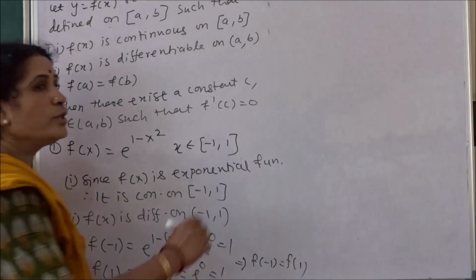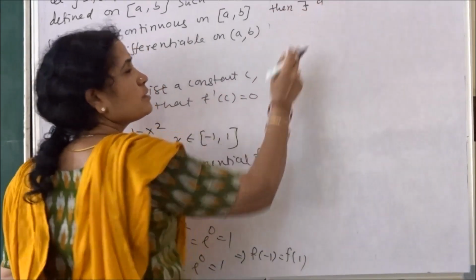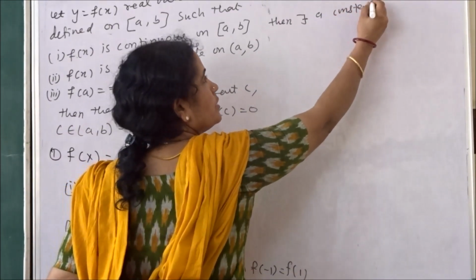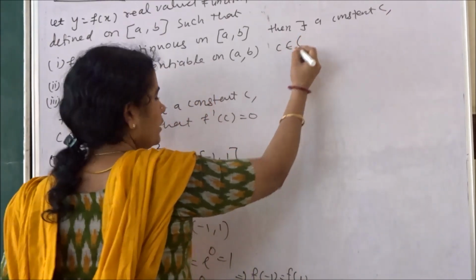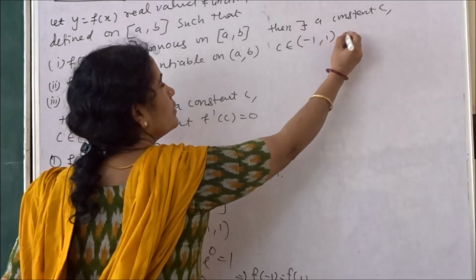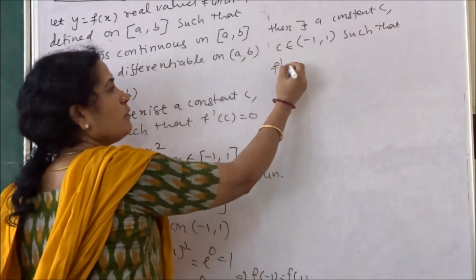Then there exists a constant c belonging to the open interval minus 1 to 1 such that f dash of c equal to 0.